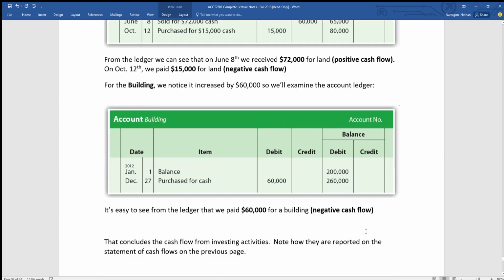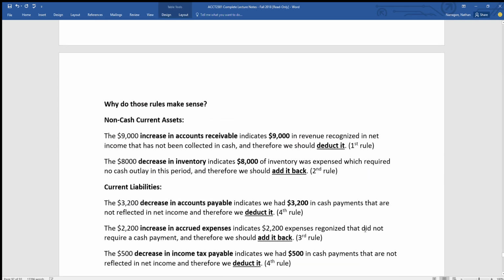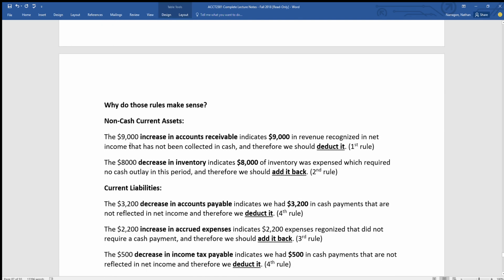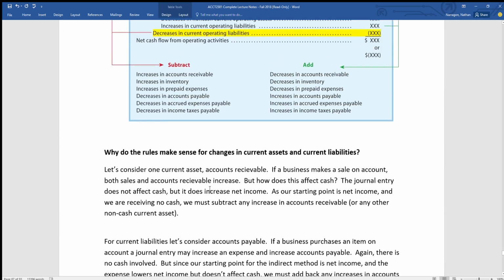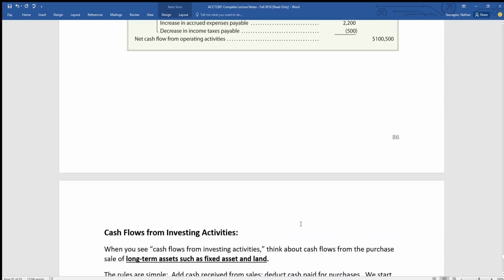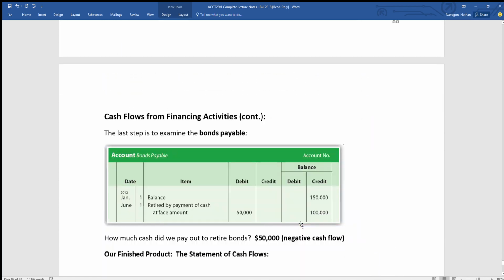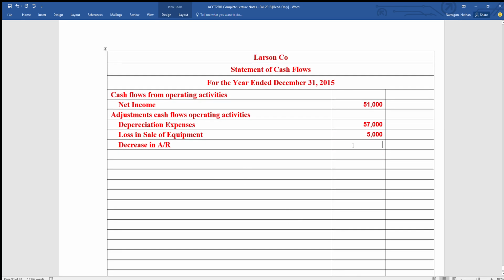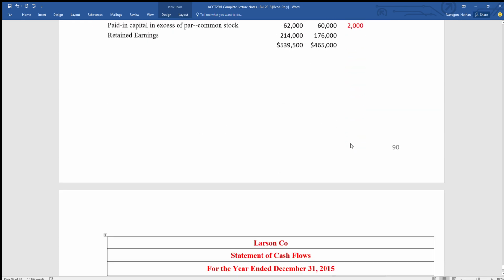Again, if we have to, look back up here. So any increase in accounts receivable, we must decrease; a decrease, we must add back. Sorry. So decrease, we add back 7,000.